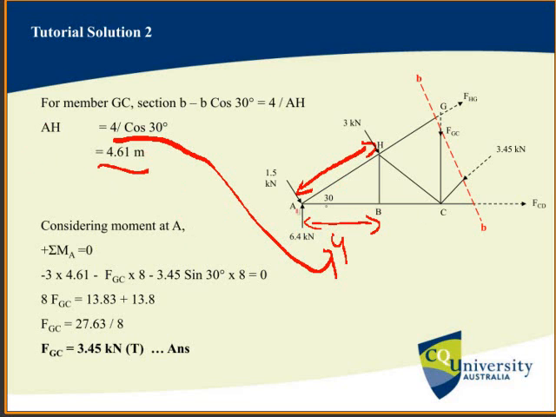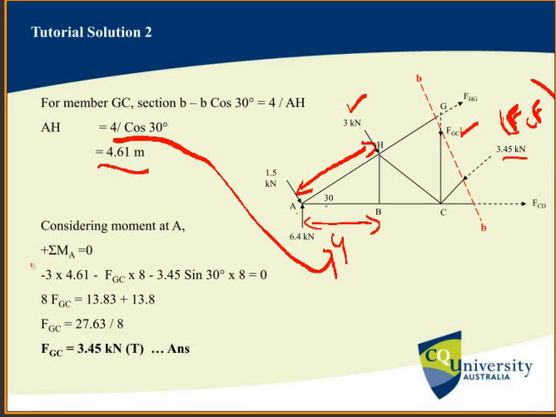Now considering moment at point A. In this point we have to consider moment for this 3 kilonewton, for this force FGC, as this member is cut, and the force 3.45 which actually is FCF, which we calculated from our previous moment equation. We know this value is now 3.45.